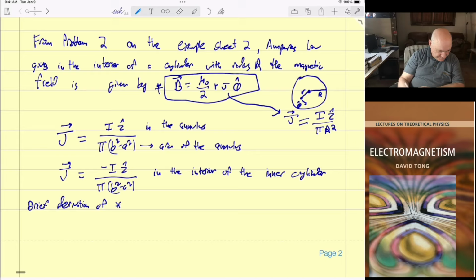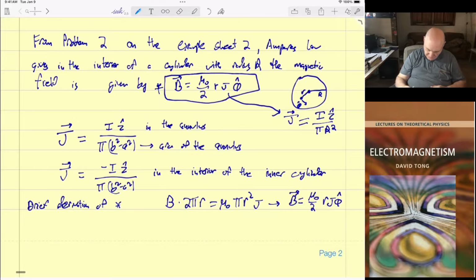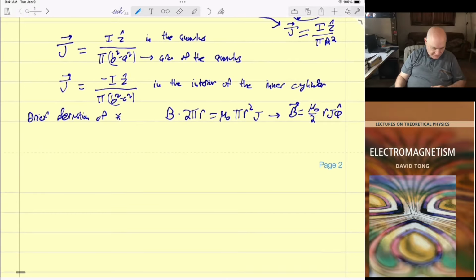It's simply that the line integral of the magnetic field around the circle of radius r is equal to mu 0 times the current through the surface surrounded by that line integral, which is pi r squared times the current density J. So this implies that B is equal to mu 0 over 2 r J phi hat. That's just Ampere's law.